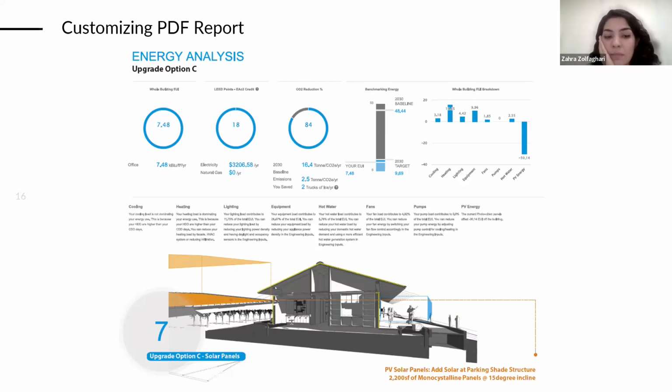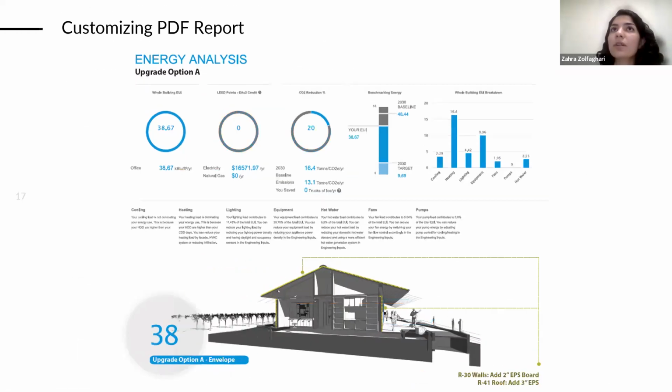So the design team decided to target net zero, and they analyzed the EUI of several design options with different energy inputs. So here you can see their baseline option. So the baseline option is the option based on, actually this is not the baseline option.